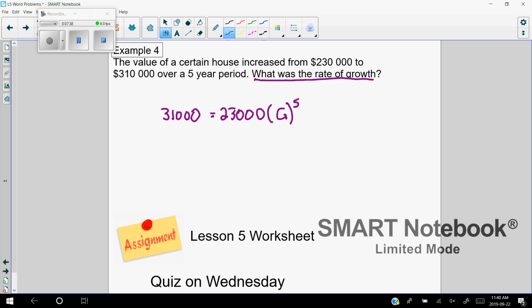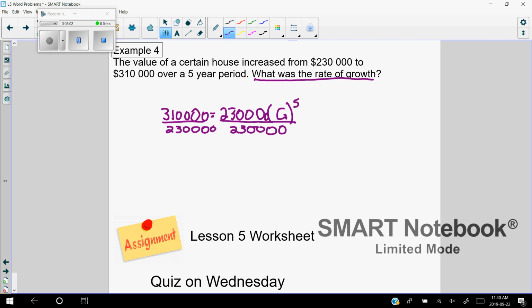Okay, so one more zero there. So this one I'm going to solve algebraically. Divide both sides by 230,000. Oh, I'm missing a zero on that one too.